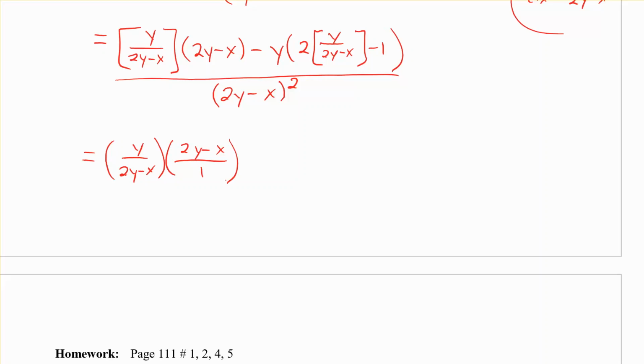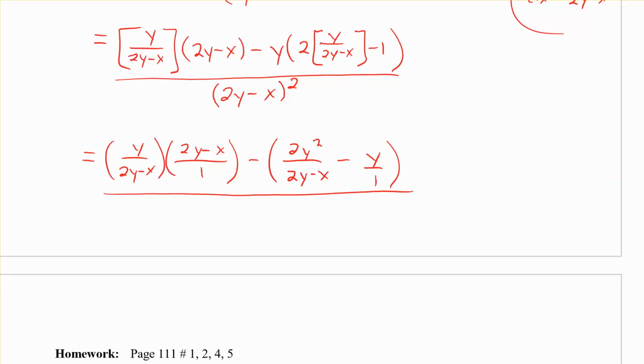I just put it over 1 so you can see what is going to happen next. Minus 2y squared over 2y minus x, minus y. And I'll put y over 1 as well. And again, this is all over (2y minus x) squared.